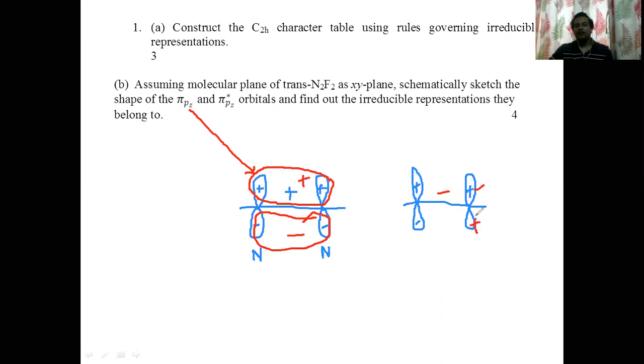So if I now do the combination, there will not be a positive overlap.